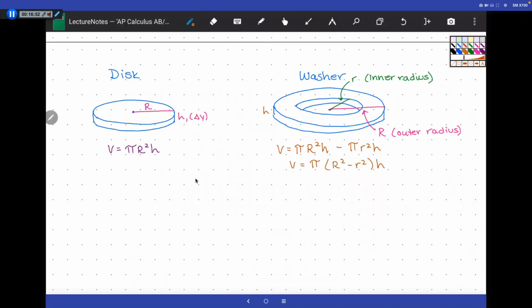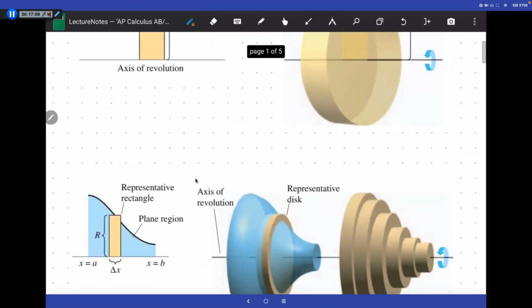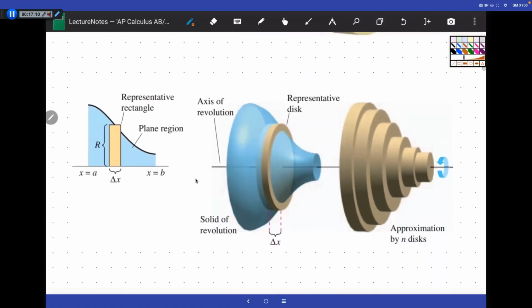So, any questions on these? And then this is just one disc or one washer, but as we saw from this picture, we're going to have multiple discs or multiple washers. So we have the sum of all of them to approximate the volume of the big figure.